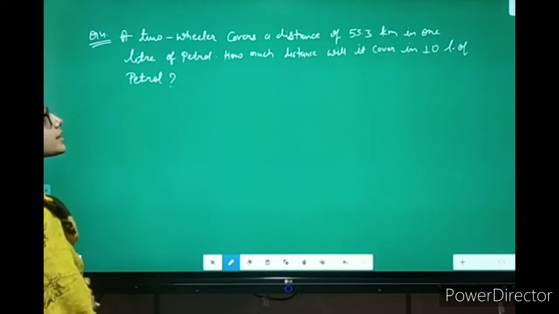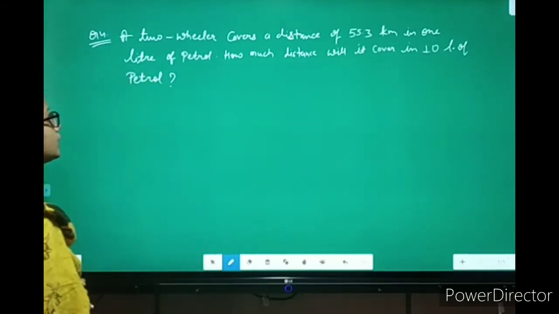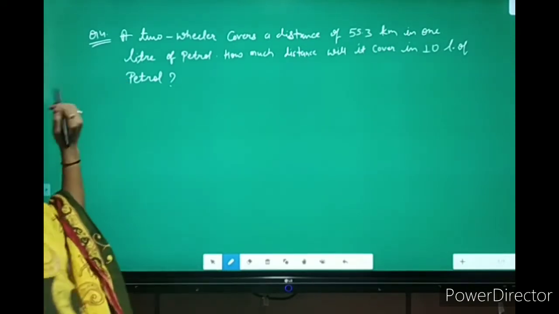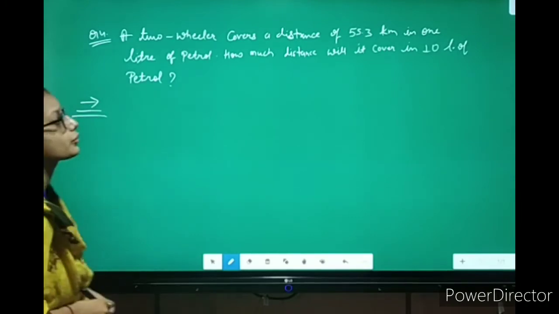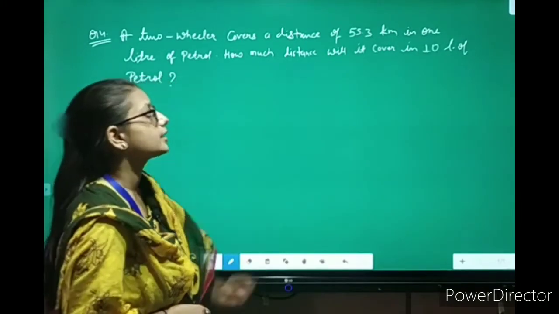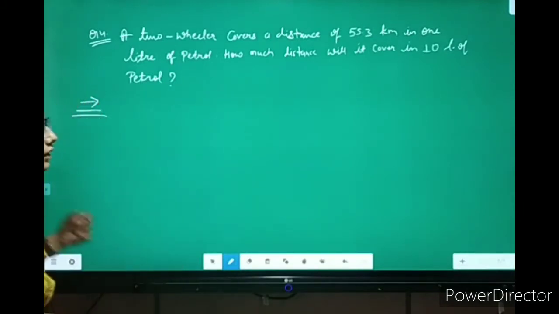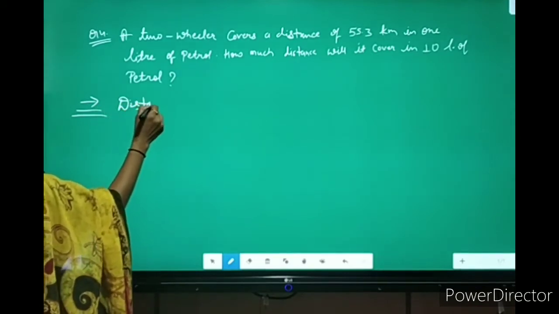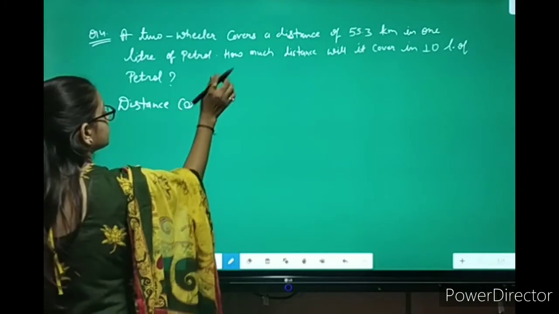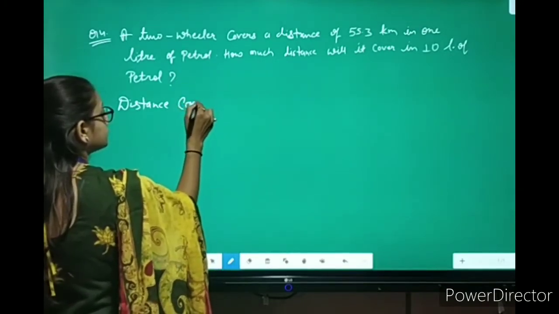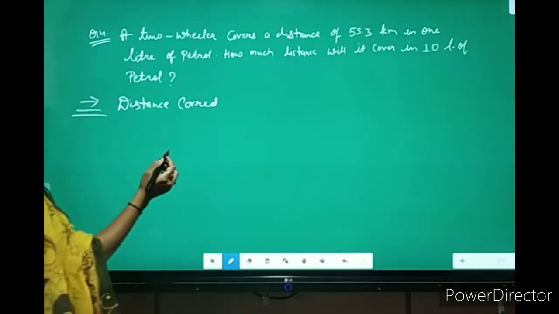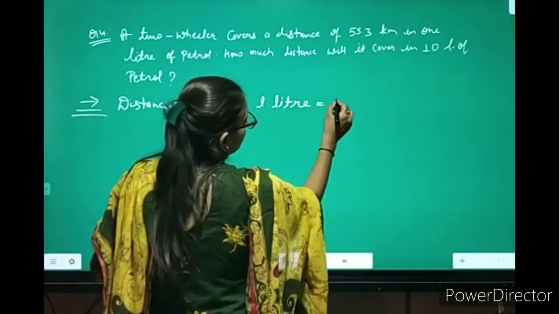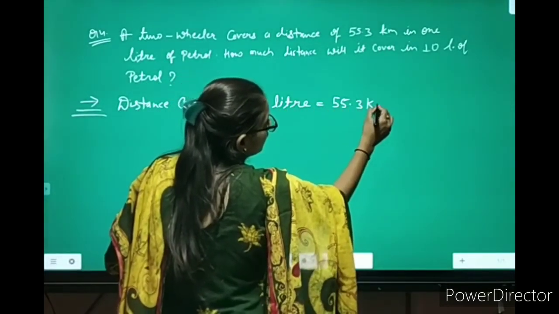Next question: a two-wheeler covers a distance of 55.3 km in 1 liter of petrol. How much distance will it cover in 10 liters of petrol? In 1 liter of petrol it covers 55.3 kilometer distance, so in 10 liters of petrol how much distance will it cover? So distance covered in 1 liter of petrol equal 55.3 kilometer.